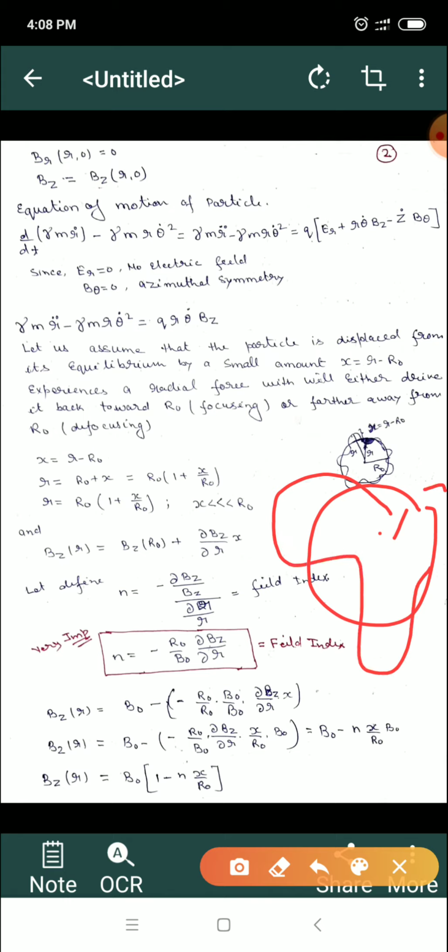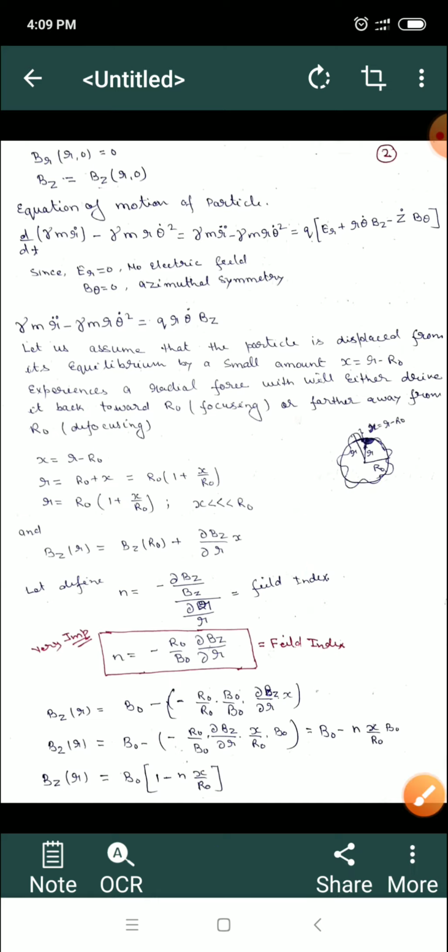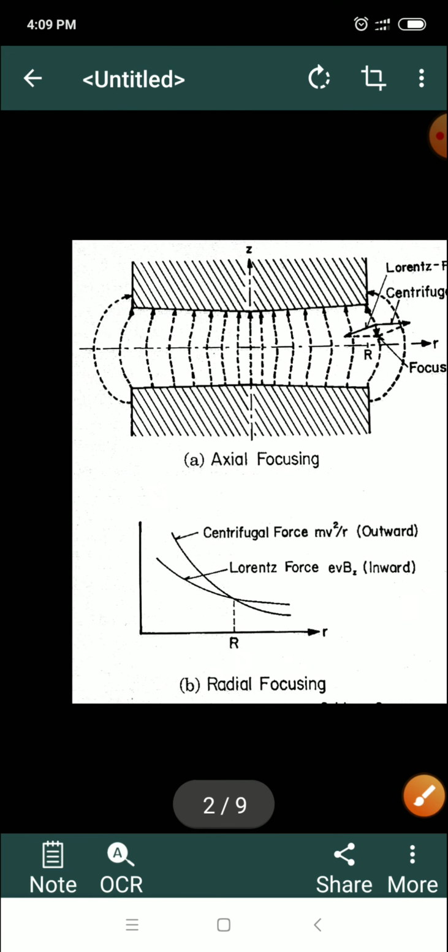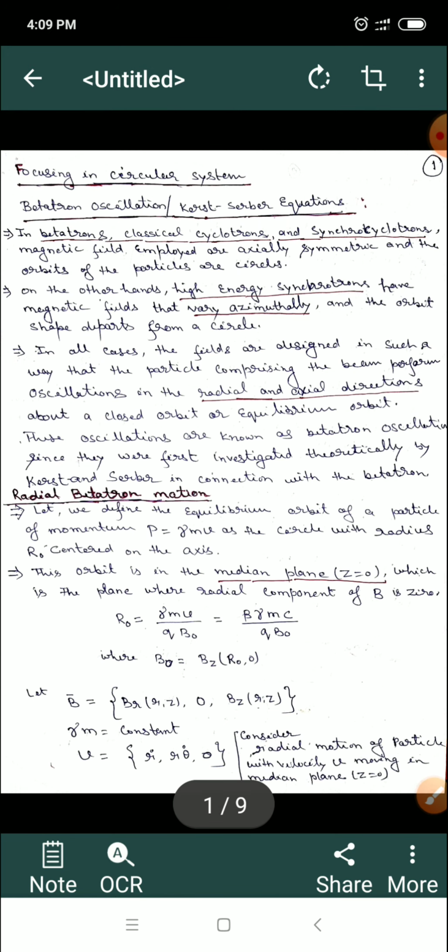The particle will make oscillations. These oscillations are known as the radial betatron oscillations. If it is moving in the radial direction, that is known as the radial betatron motion. Similarly, it can move in the vertical direction also, which is known as the axial or vertical betatron motion. This orbit is in the median plane.